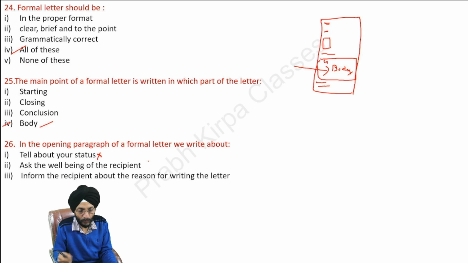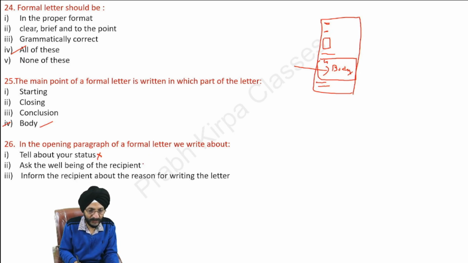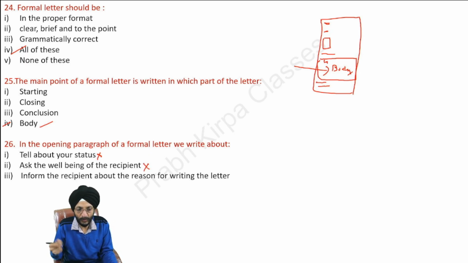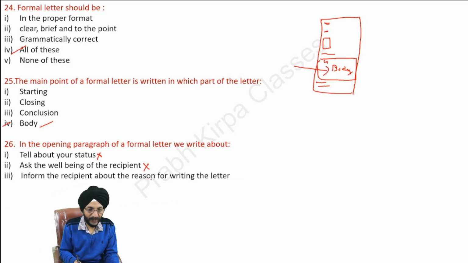You are to tell about your problem, not ask about the well-being of the recipient. You are not writing a letter to your friend or relative. You are writing a letter to the public authority. Inform the recipient about the reason for writing the letter. You are to inform why you are writing the letter to him. So this is the correct option.